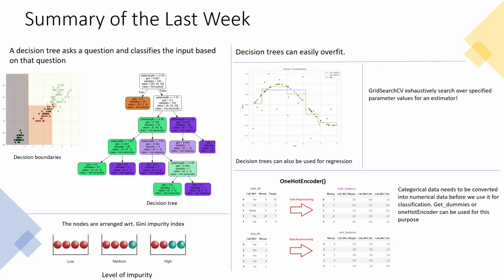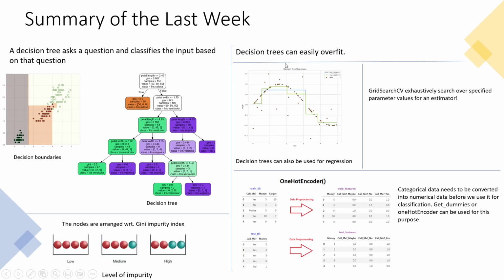So last week we worked on decision trees. We worked on how to construct a decision tree, how to display a decision tree. We have seen something called Gini impurity index. We said we use Gini impurity index in order to construct a decision tree from a table value.